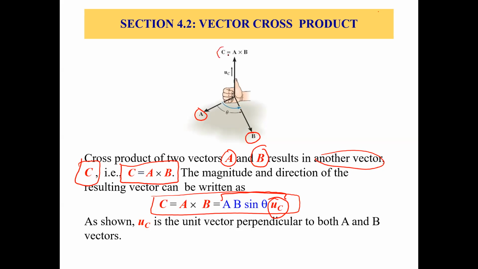And vector C is always perpendicular to vector A and vector B. So these are some details about the cross product.